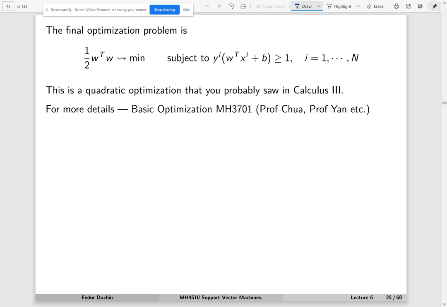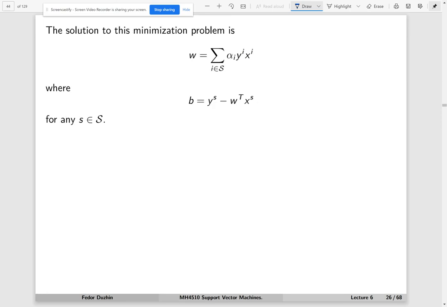I'm not going to teach you how to do it because it is fairly complicated. The important takeaway is that this is a standard problem in the theory of optimization, and people know how to solve it. So finding our maximal margin classifier is reduced to this quadratic optimization, which is known how to solve.